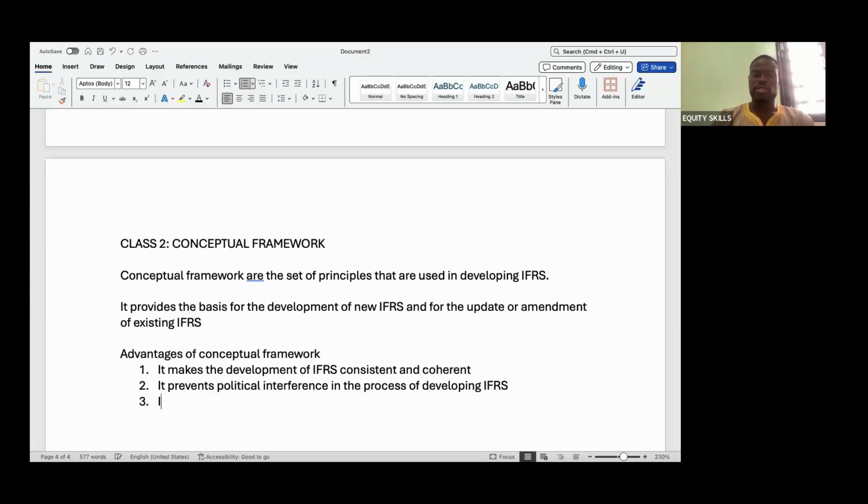Number three is that it makes users understand that financial reporting is based on a common ideology. So with the conceptual framework, everybody knows that reporting is not just as it comes.